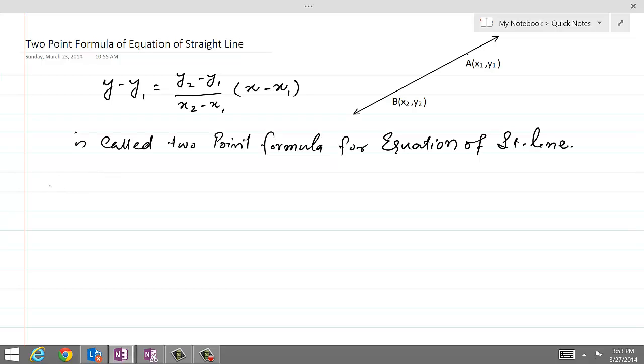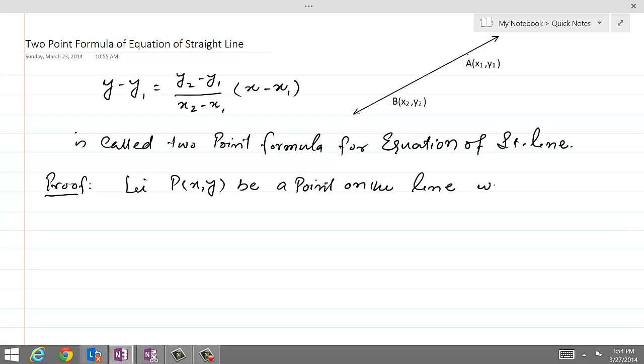So for the proof, let P(x, y) be a point on the line with 2 given points. And what are the coordinates of those given points?